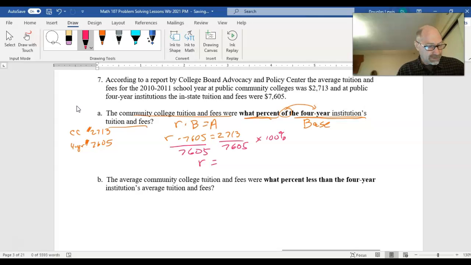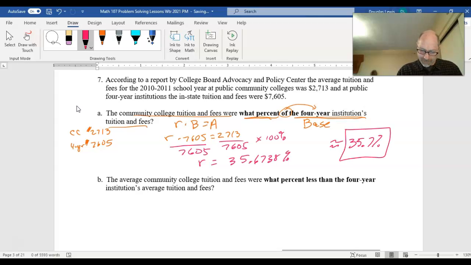So we get 27.13 divided by 76.05. And that is 35.6738. I've already multiplied by 100%. And so I'm just going to say approximately 35.7%. That's close enough. Okay?